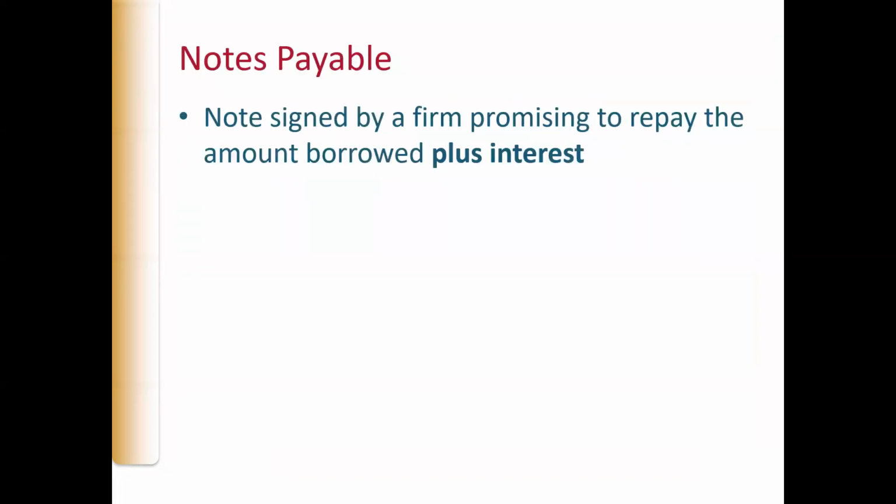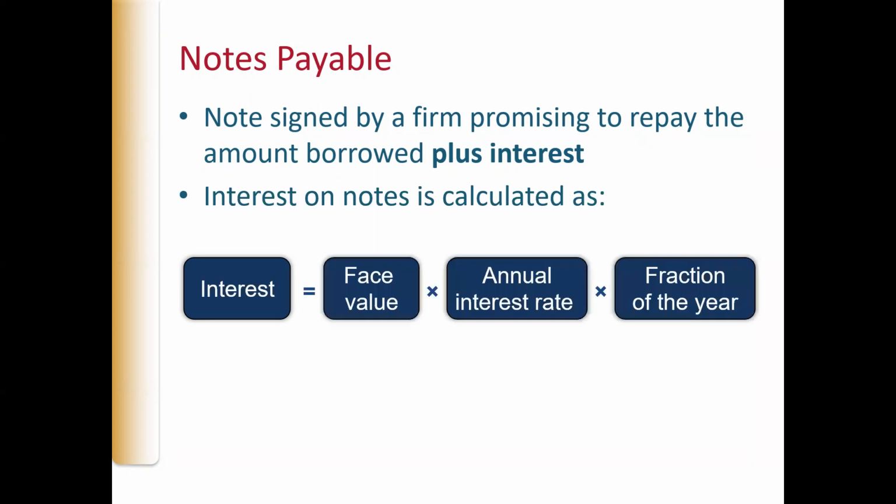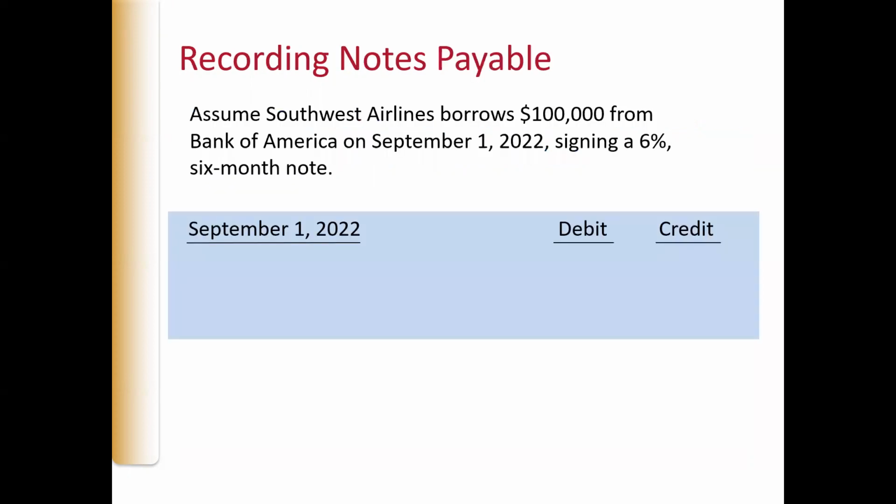A note payable is a note signed by a firm promising to repay the amount borrowed plus interest. Interest on notes is calculated by taking the face amount of the note times the annual interest rate times that portion of the year we're trying to calculate the interest for.